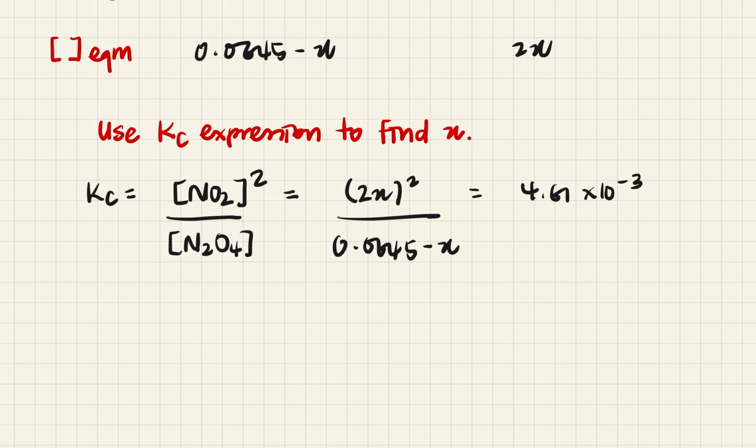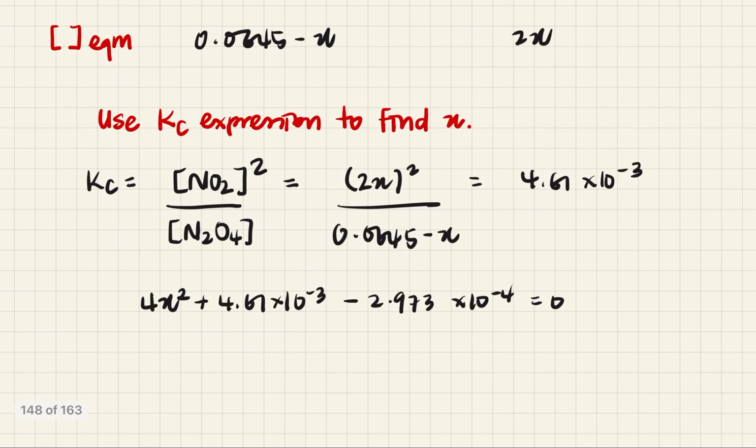So you are going to find what x is, and you will get a quadratic equation. Try expanding this. Then you will get the quadratic equation 4x squared plus 4.61 times 10 negative 3 x minus 2.973 times 10 negative 4 equals 0.